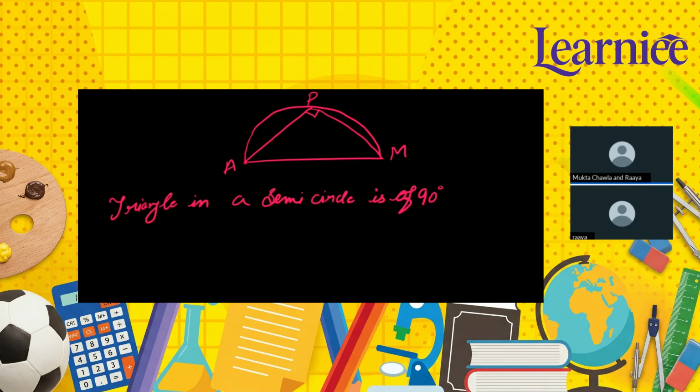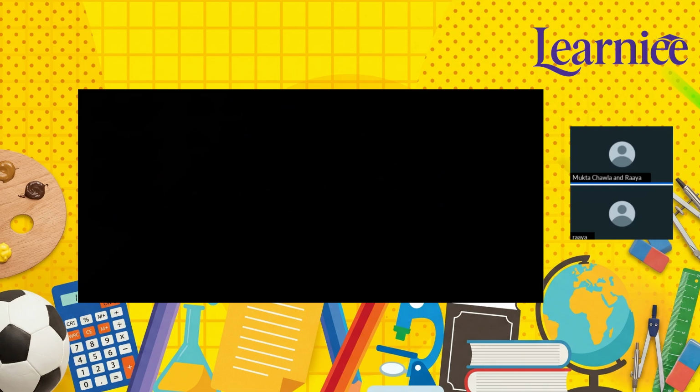By mistake, I wrote triangle. Angle of 90 degrees is what we are discussing, right? Angle in a semicircle is of 90 degrees. Ultimately we will be getting a triangle, but it is this, right?